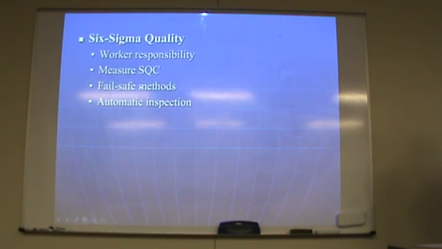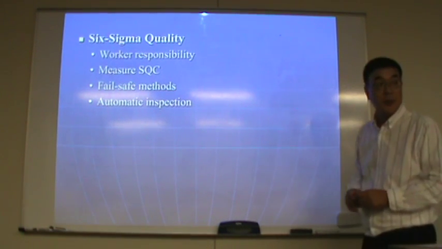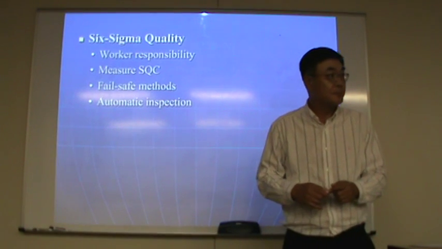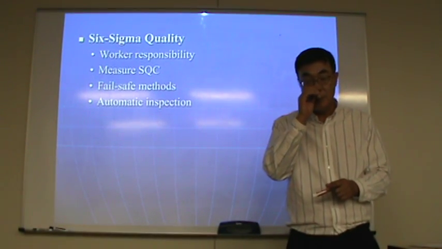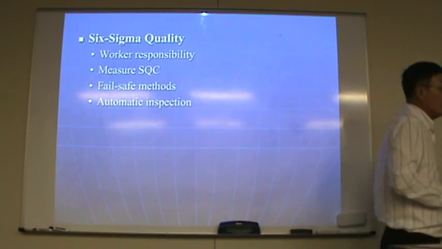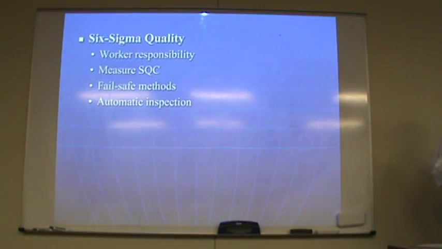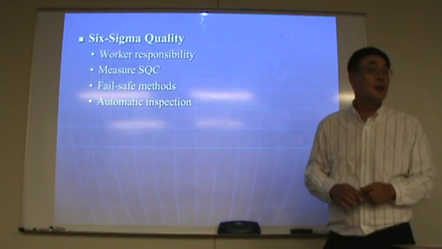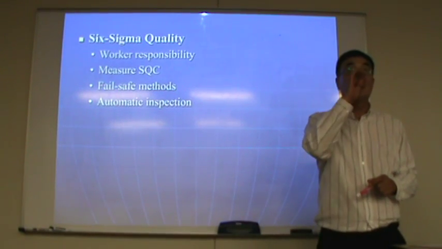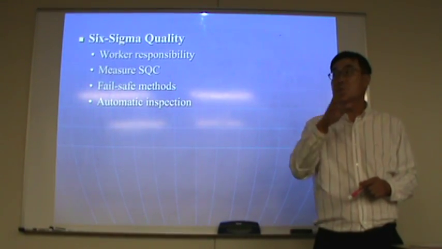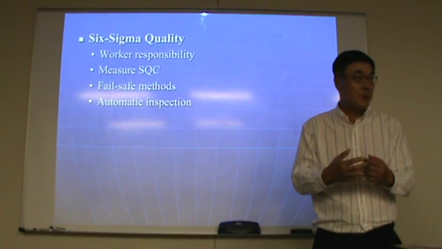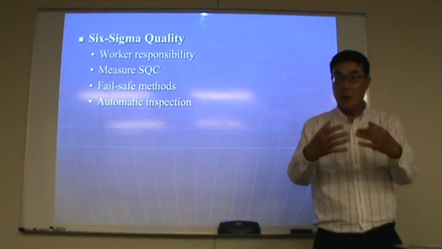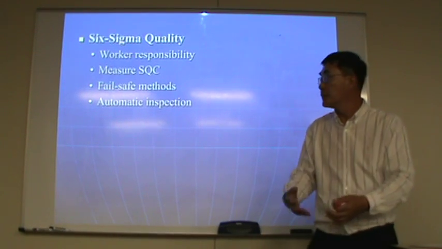Six Sigma quality, we did Six Sigma, right? 1 out of a million or 2 out of a billion. Worker responsibility: inspection at the source. The worker has responsibility for the product. Okay.